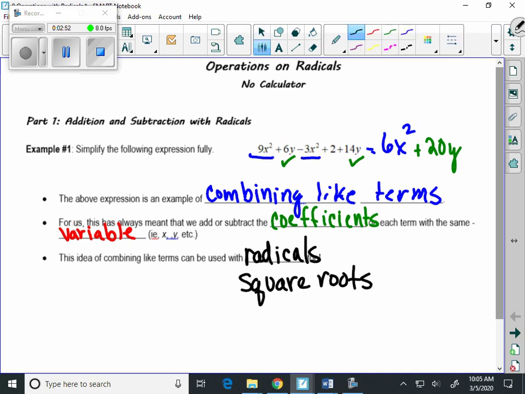And we didn't do anything with the 2, so we're just going to tack it there on the end. We want to keep it as part of our expression because we want to keep everything in balance. But again, what we do is we add the coefficients and then we keep the variable. It's going to be the same thing when we do the square roots, when we do the radicals. We're going to add or subtract the coefficients and we're going to keep the square root the same.